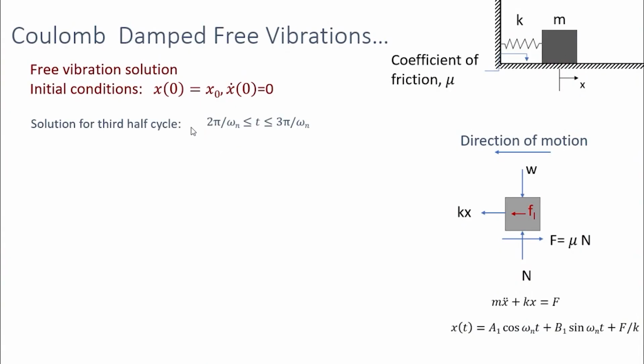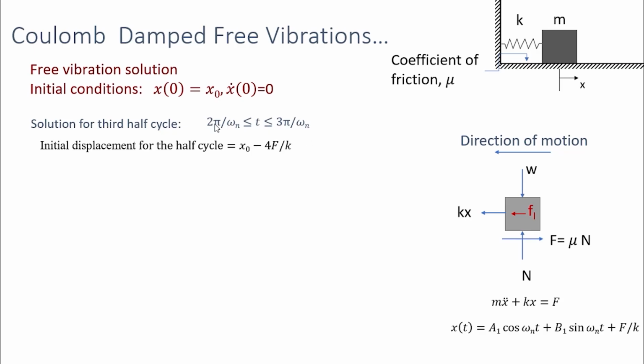We have solved the Coulomb damped free vibration system up to 2 half cycles. Now we will solve it for the third half cycle. So the third half cycle, the time is between 2 pi by omega n and 3 pi by omega n.